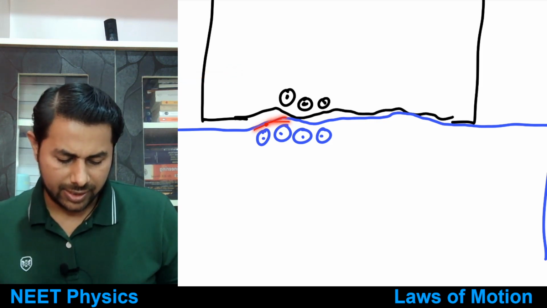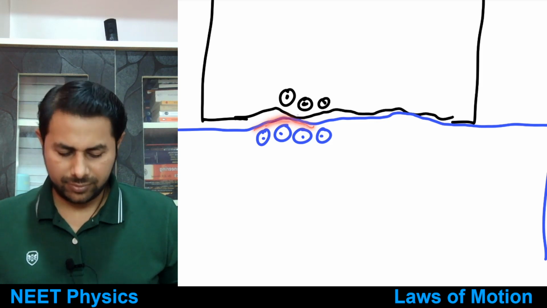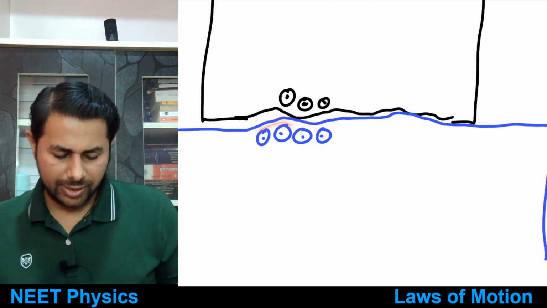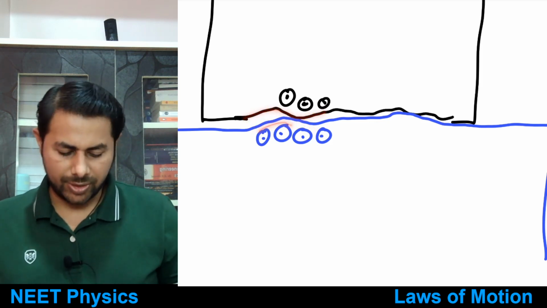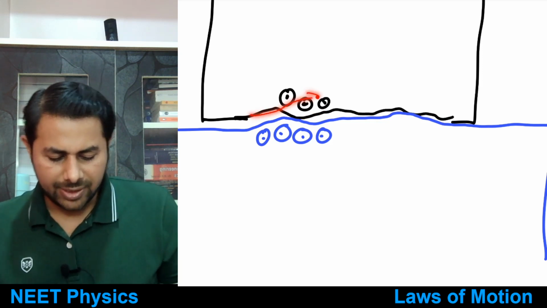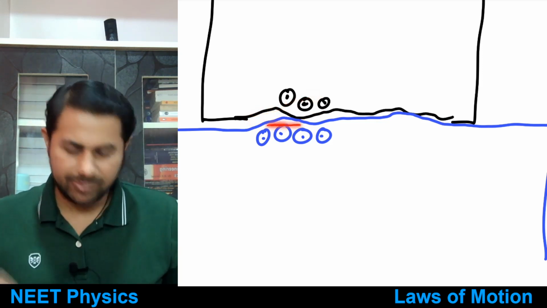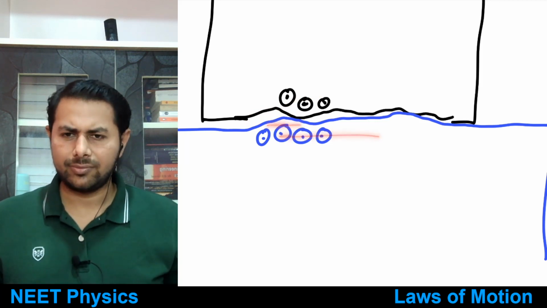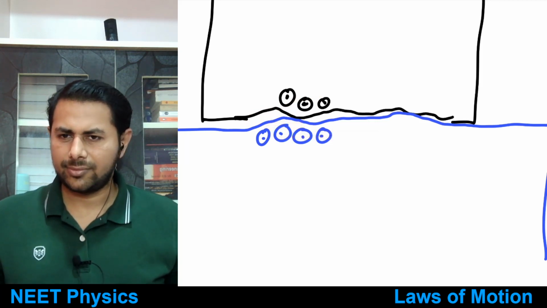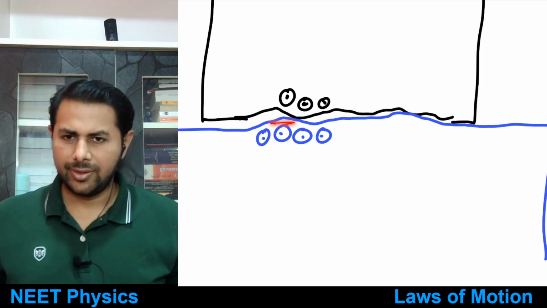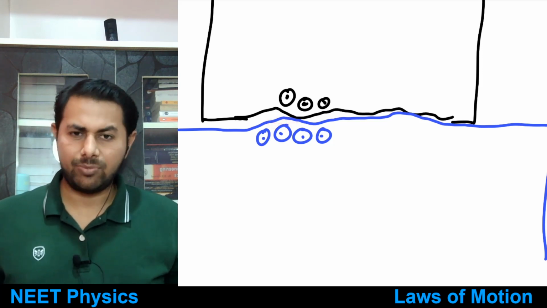So see, there is this interlocking. So you need to slide this body over the other body, which means you will need to lift it up, or you will need to destroy this much part of this body. Getting this? So for that you will need some force.